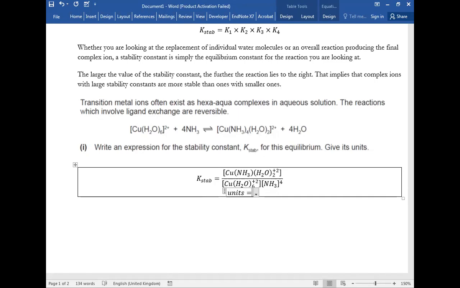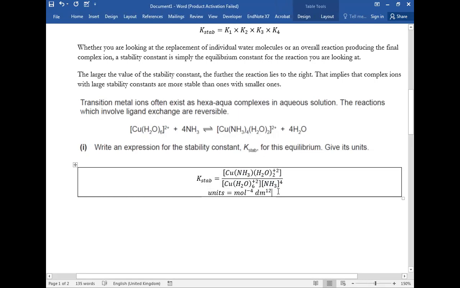How is mole -1? Sir, one will cancel. Very good. Mole is -4 and dm is 12. The concentration is mole per dm cube, these cancel out, and we are left with concentration to the power 4 in the denominator. That is correct. So that is mole -4 dm 12. Is this clear?